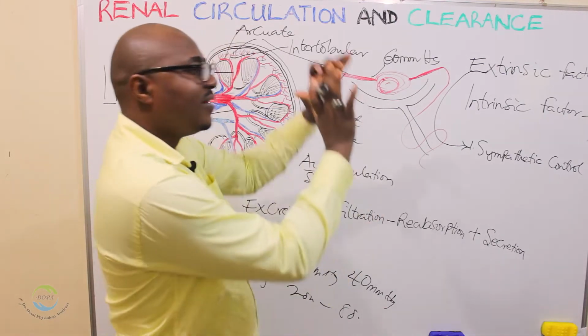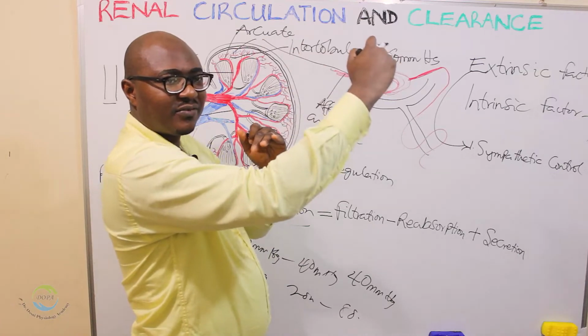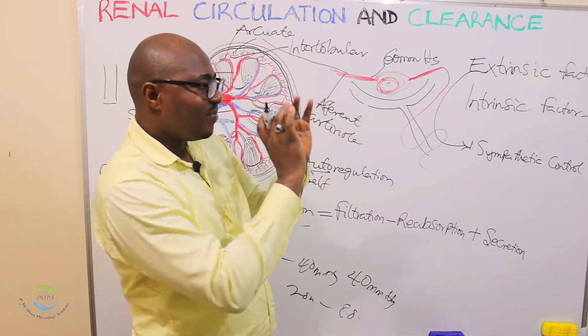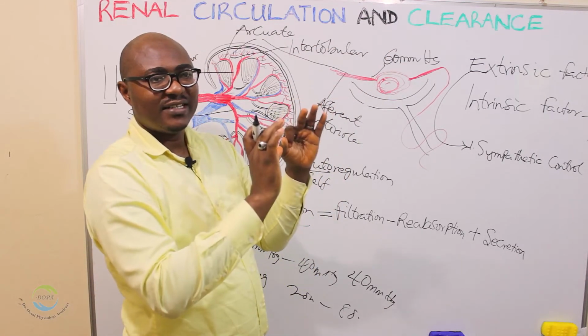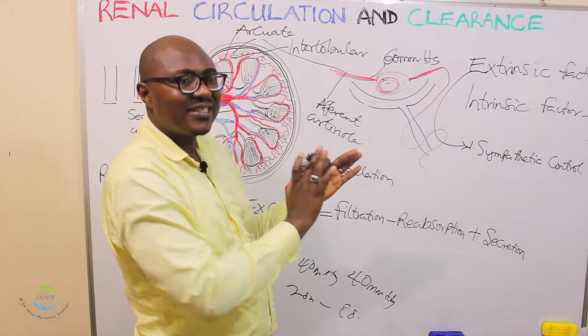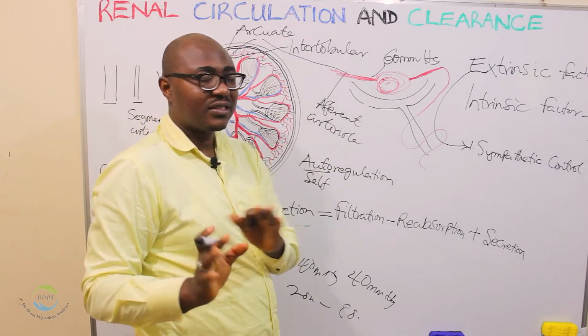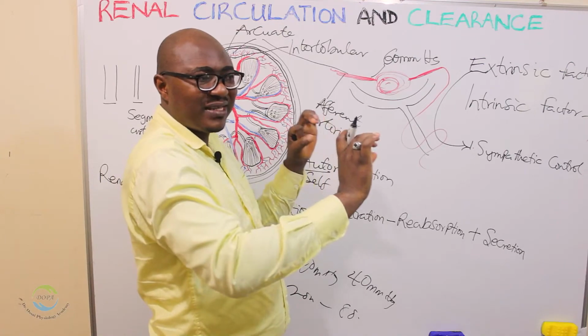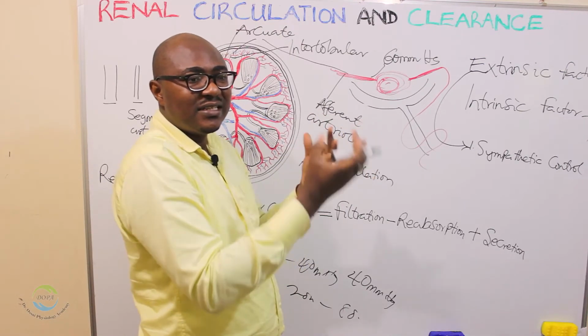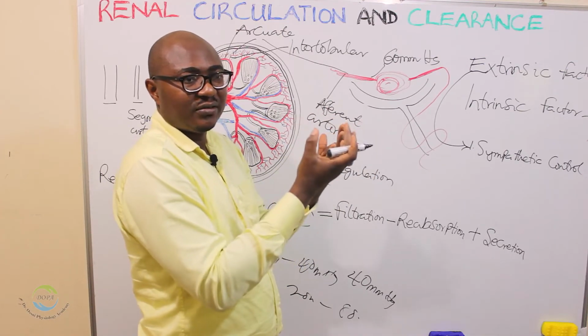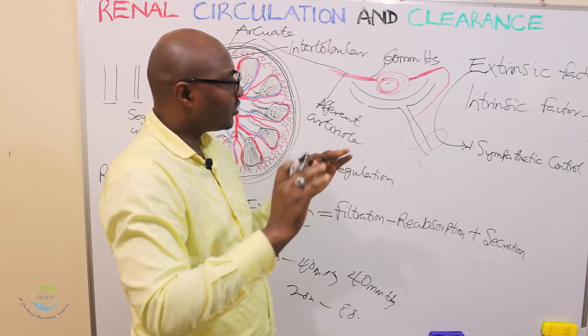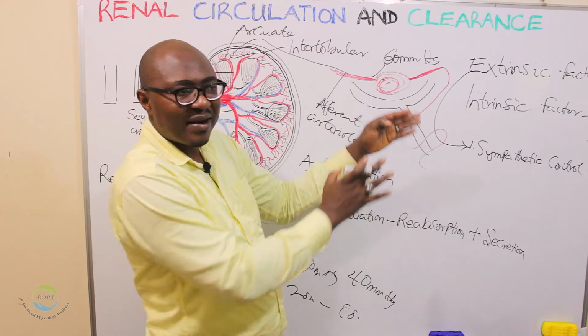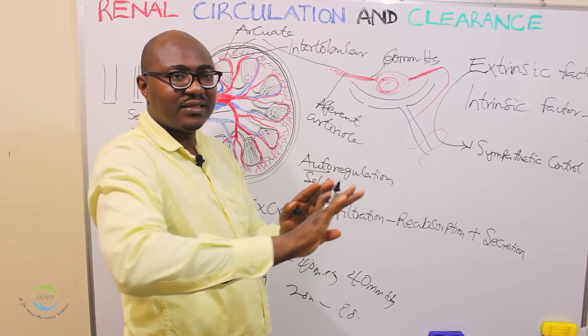Just a quick recap: nervous system, central nervous system, peripheral nervous system. The peripheral nervous system is divided into the autonomic nervous system and the somatic nervous system. The autonomic nervous system is involuntary, you can't control it yourself. You now have the parasympathetic and the sympathetic.